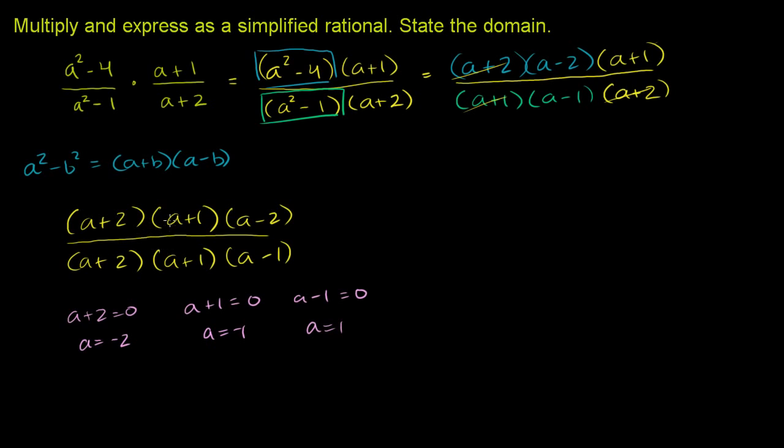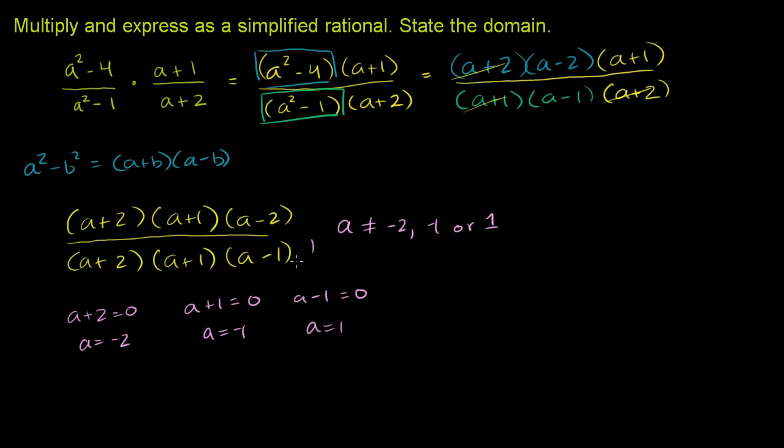So for this expression, you have to add the constraint that a cannot equal negative 2, negative 1, or 1. a can be any real number except for these. We're essentially stating our domain: all possible a's except for these.